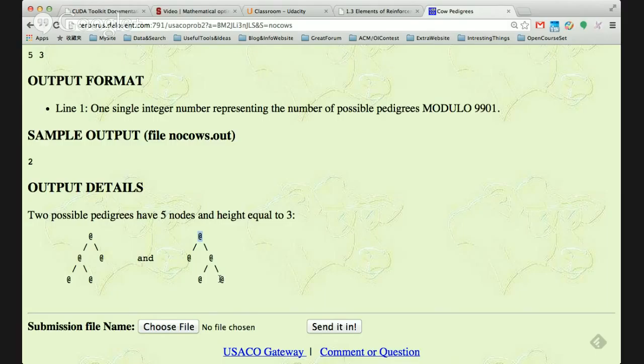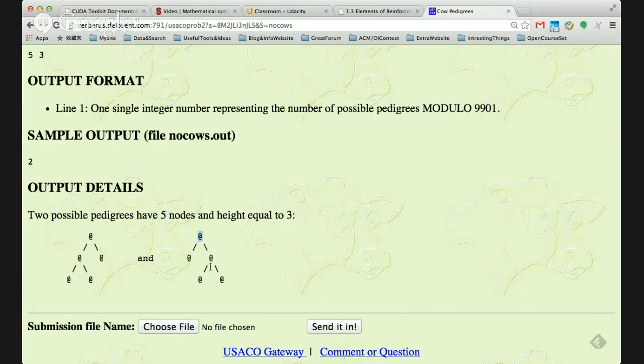So how does that happen? After I add this root, I have my subtrees, maybe 2 subtrees. In fact, at least one of the subtrees has to have height k minus 1.